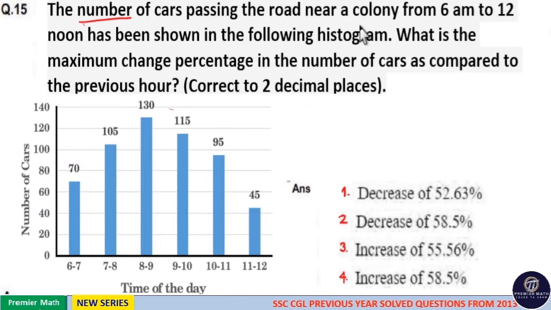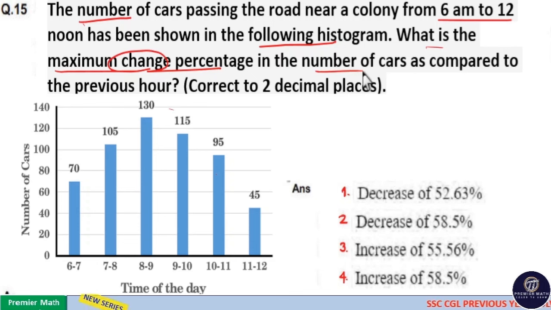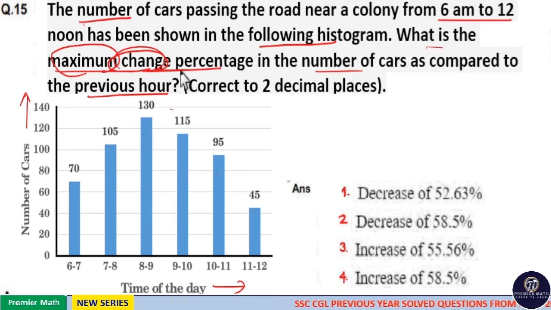The number of cars passing the road near a colony from 6 am to 12 noon has been shown in the following histogram. What is the maximum change percentage in the number of cars as compared to the previous hour? Here the x-axis shows time of the day and the y-axis shows number of cars. To find the maximum change in percentage, you have to find the maximum difference between these bars.